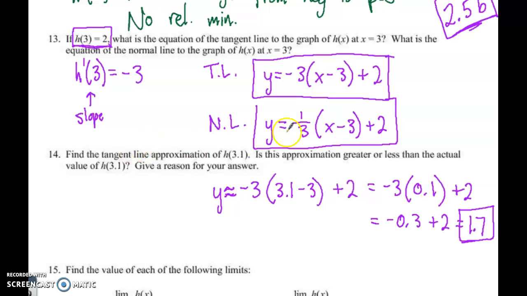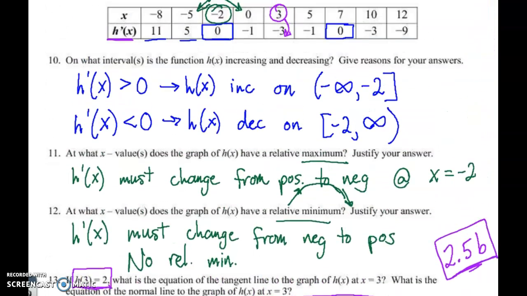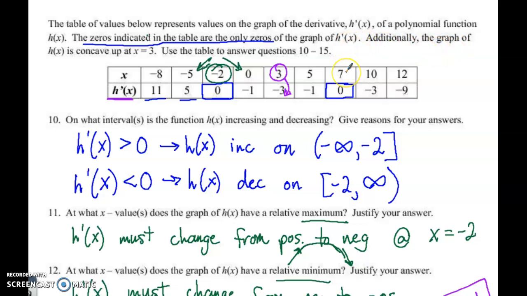Now, as far as whether this approximation is greater than or less than the actual value, that's kind of a tricky question right now. But all we know in the problem is that we have a polynomial, this piece right here, which I'm not sure if we've even covered concavity yet, but this is a good introduction into concavity.